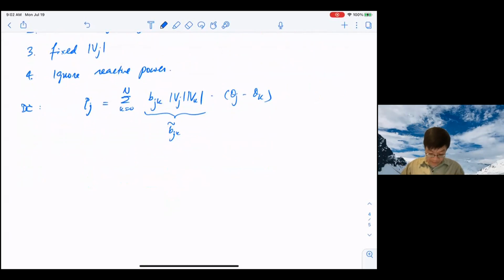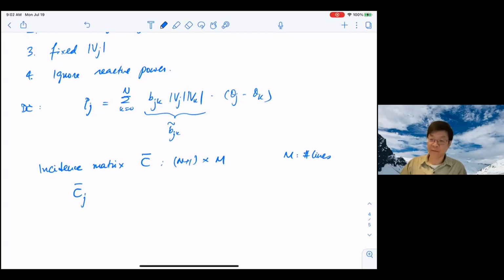And in vector form, which is very convenient, it can be written in terms of the incidence matrix. So this is, let me use C bar, this is n plus 1, the number of nodes, by the number of lines, let me just call this m. M is the number of lines in the network. So the matrix is defined by, from node J and line L, right?